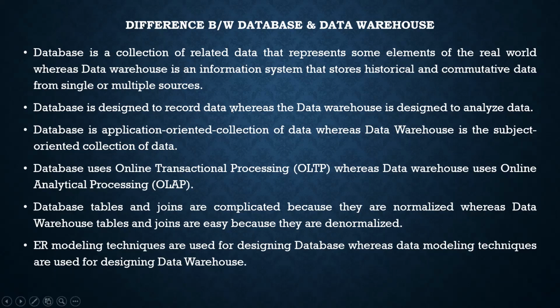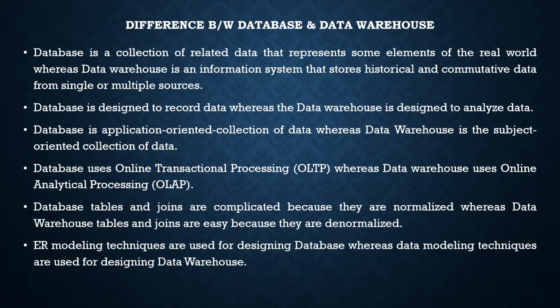So first, let us see the difference between a database and a data warehouse. A database is a collection of related data that represents some elements of the real world, whereas a data warehouse is an information system that stores historical and cumulative data from single or multiple sources. A database is just a collection of data, in terms of data tables.